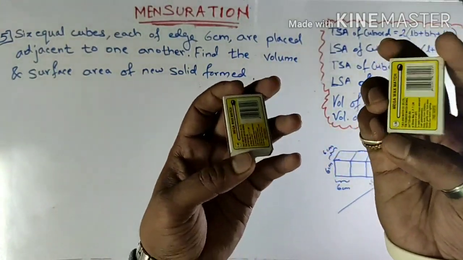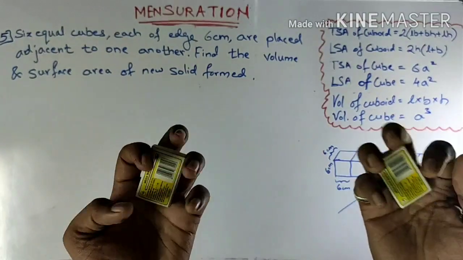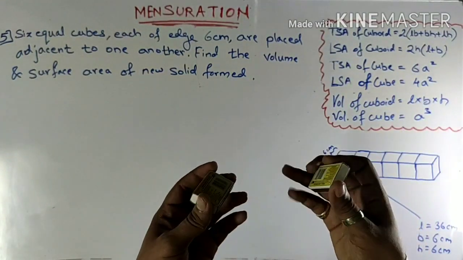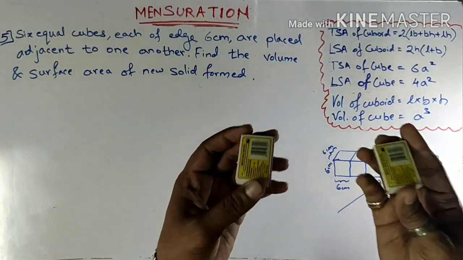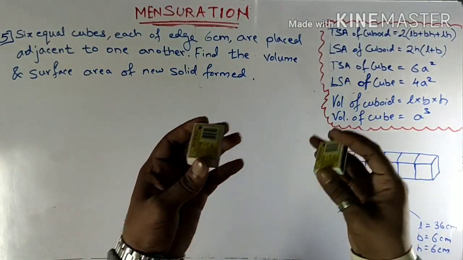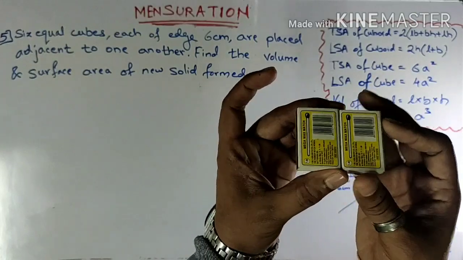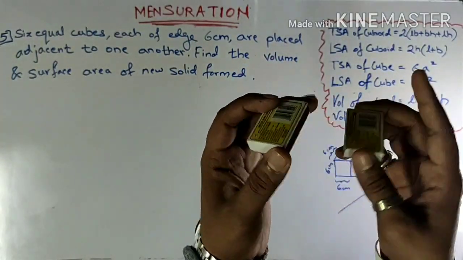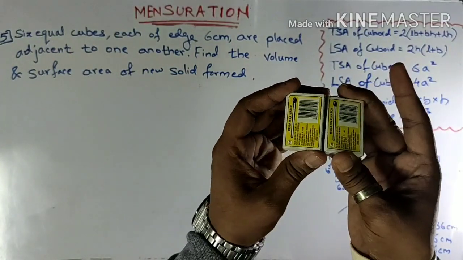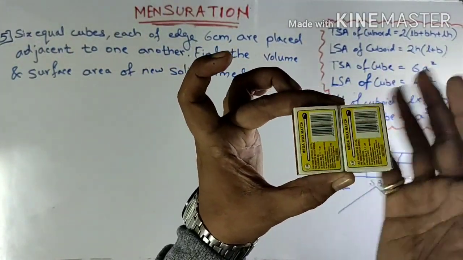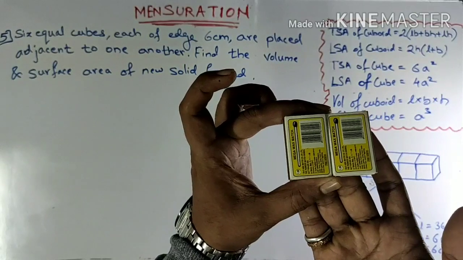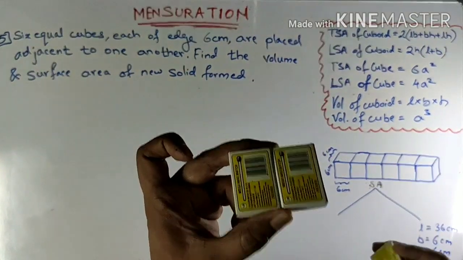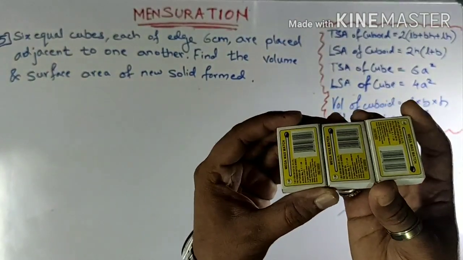But when I arrange this in this manner, my surface area, if you see, does not remain the same. The two faces are reduced as these two faces come in contact. So the total surface area changes. Okay. Now imagine if I have the third cube also.